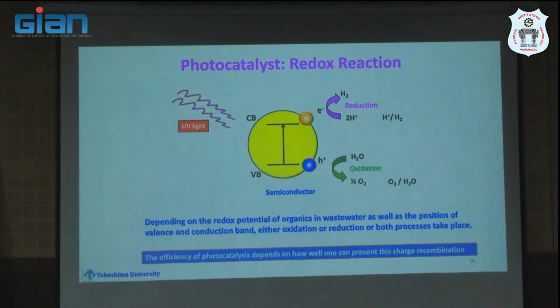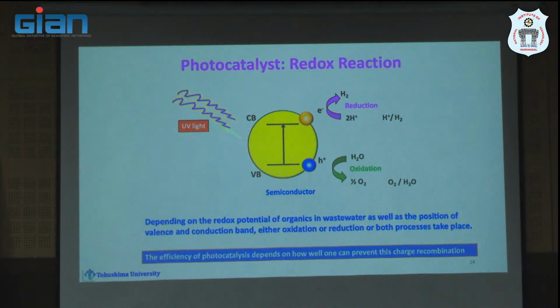While going up, it can have a reduction of charges and oxidation also. This oxidation and reduction process occurs simultaneously, because once the electron moves, a hole is created, and the hole participates. So this is a continuous process.